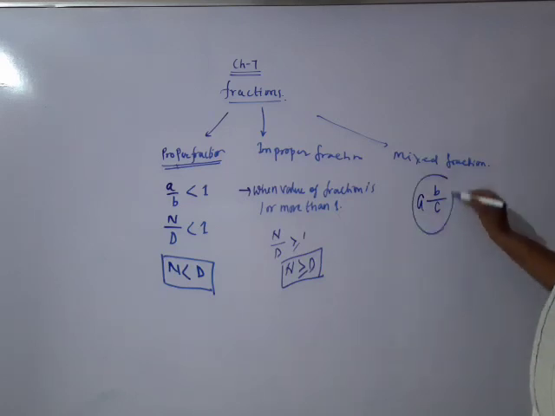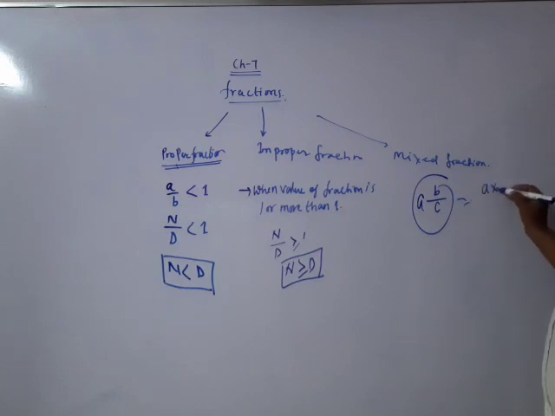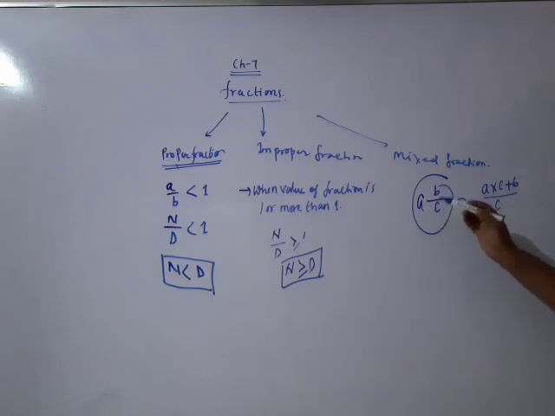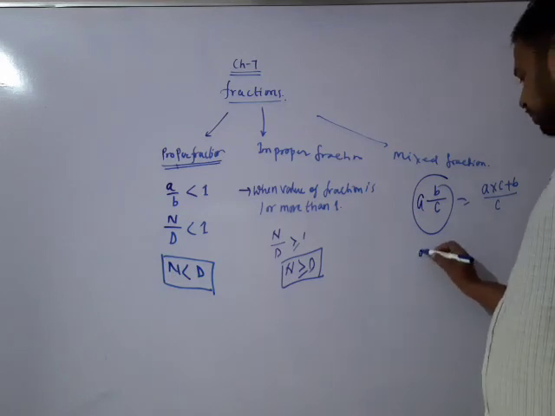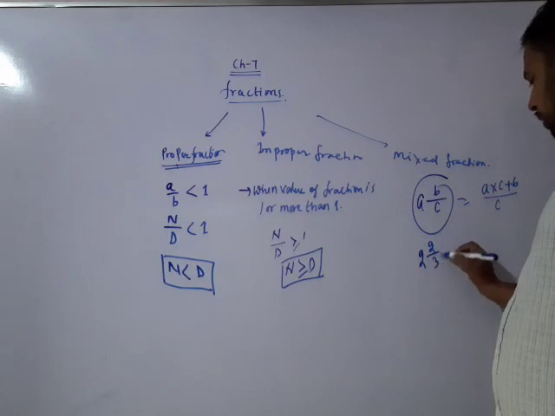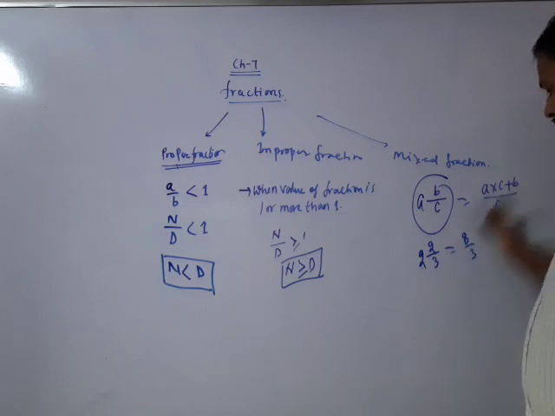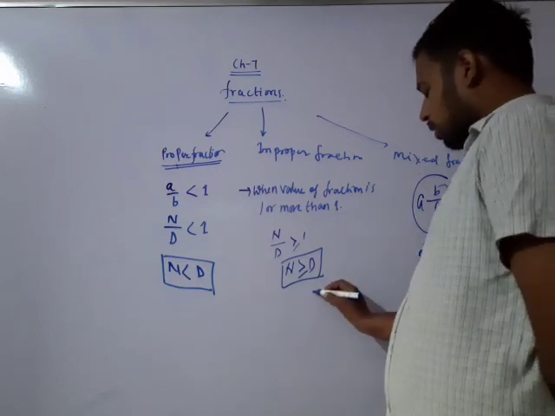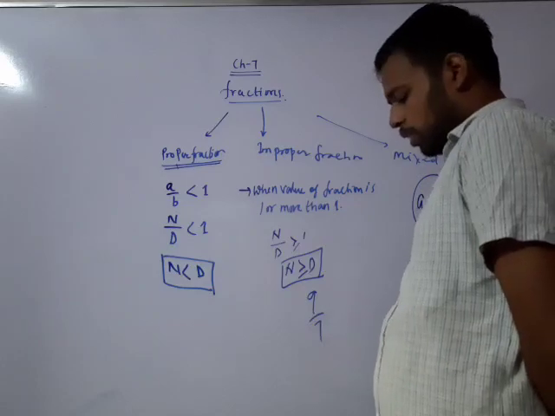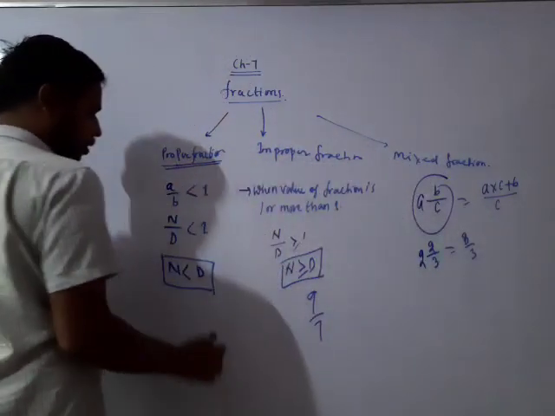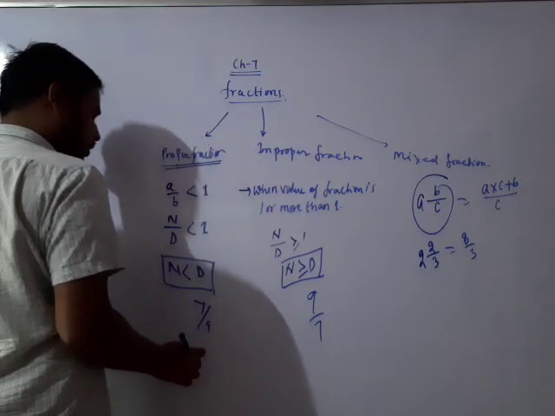Now its value is given by a into c plus b upon c. The number mentioned before the fraction, we multiply it by the denominator, add the numerator, and write it upon the denominator. For example, 2 upon 3: 2 threes are 6, 6 plus 2 is 8, 8 upon 3. This is an improper fraction. 9 upon 7 is an improper fraction, but 7 upon 9 is a proper fraction.